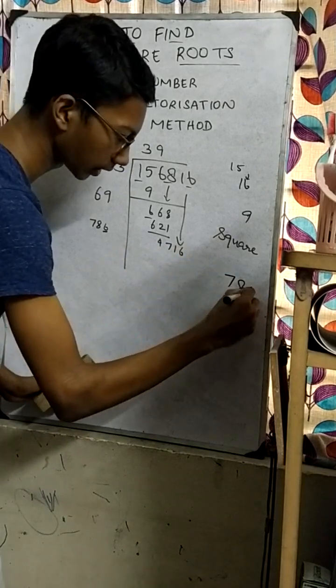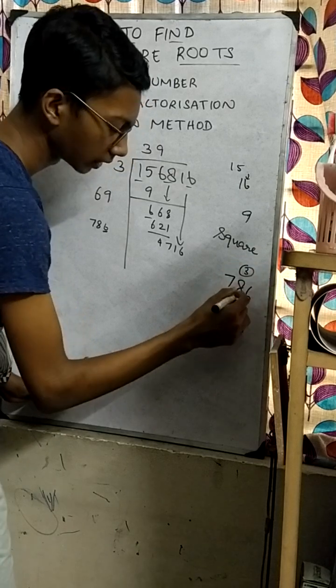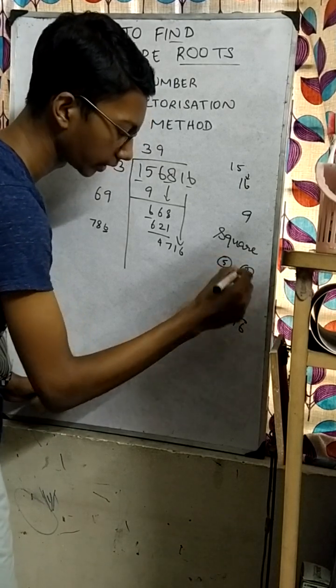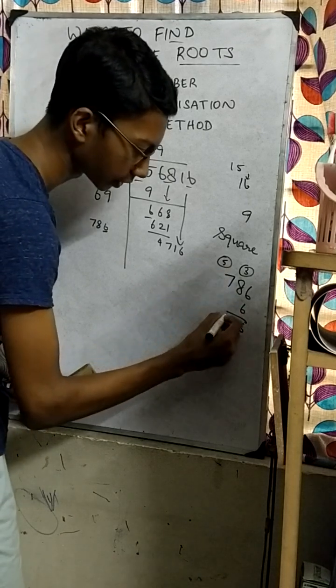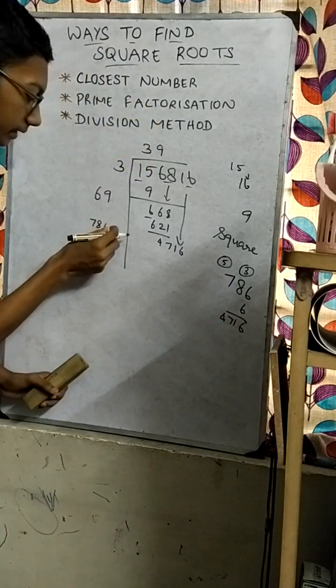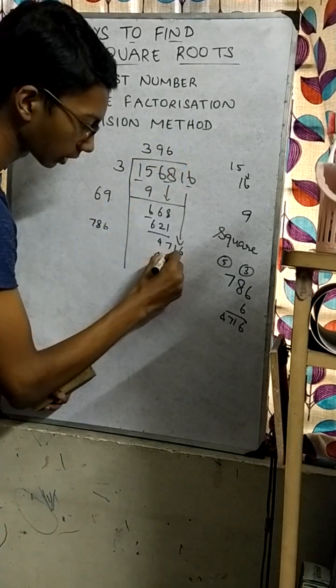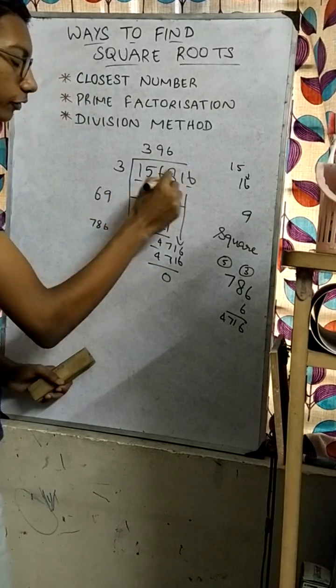So 786 times 6: 6 sixes are 36, 8 sixes are 48, 48 plus 3 is 51, 7 sixes are 42, 42 plus 5 is 47. So 786 is the number, so we put 6 here. So 4716. If we subtract, we get 0, which means this is a perfect square.